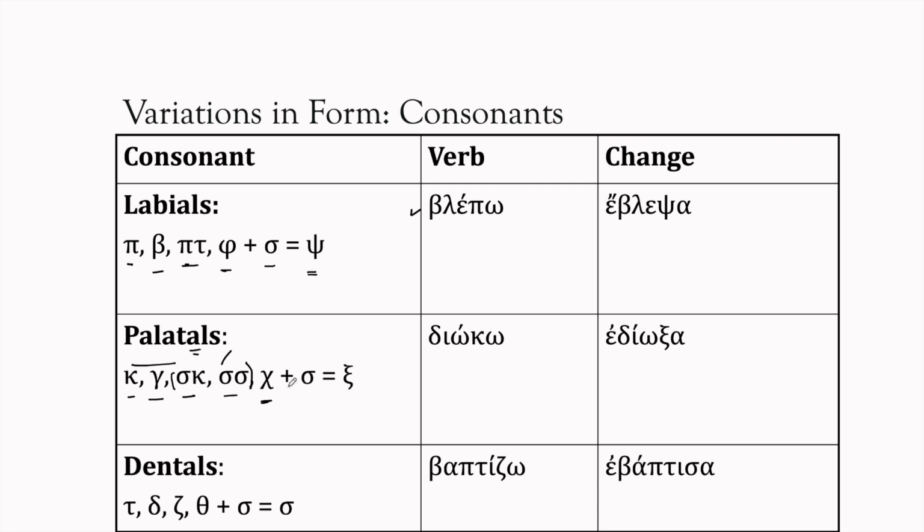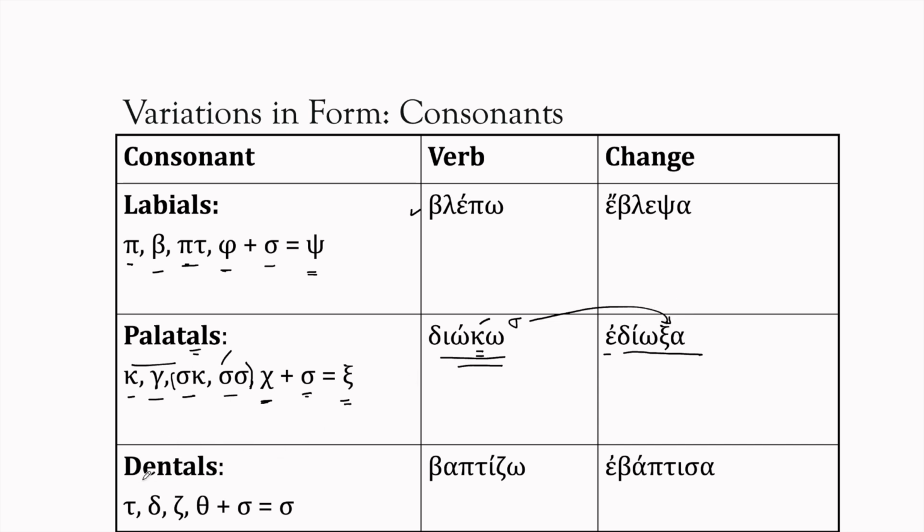But whatever, when these types of verbs encounter a sigma, that goes into an xi. So dioko becomes edioksa. Okay, the kappa and the sigma form the xi.